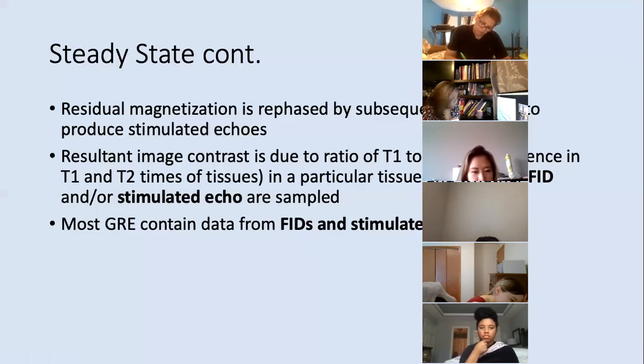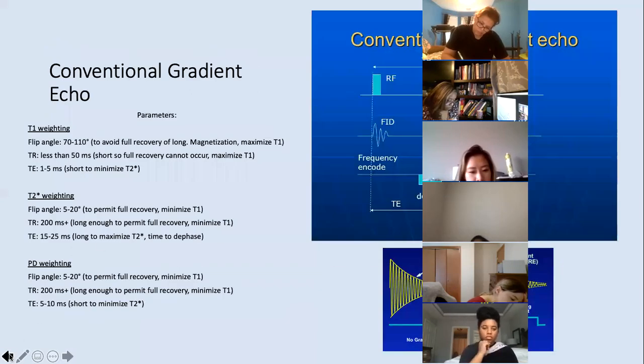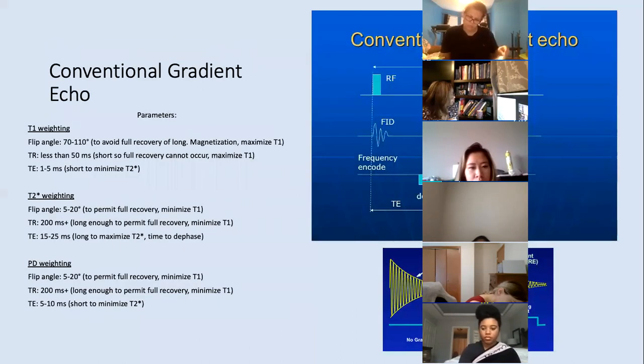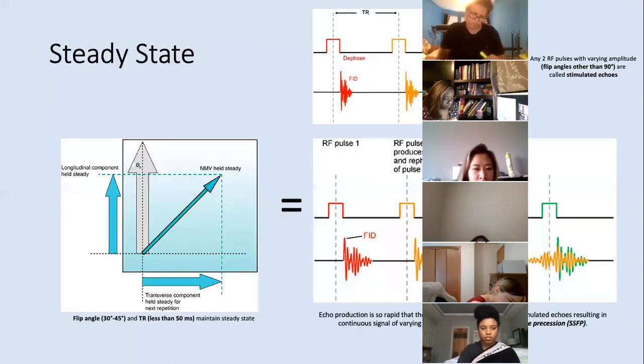Do we sample it with a stimulated echo, or do we just get rid of it with what we call a spoiling gradient? Those are the 3 things, and it was on a slide a couple slides ago, that are so important. These 3 things determine image weighting. So it's not as cut and dry as spin echo.